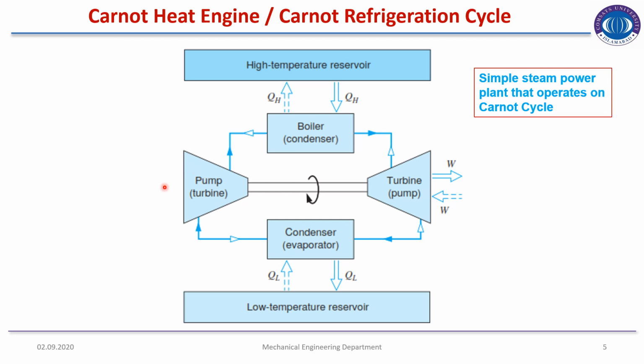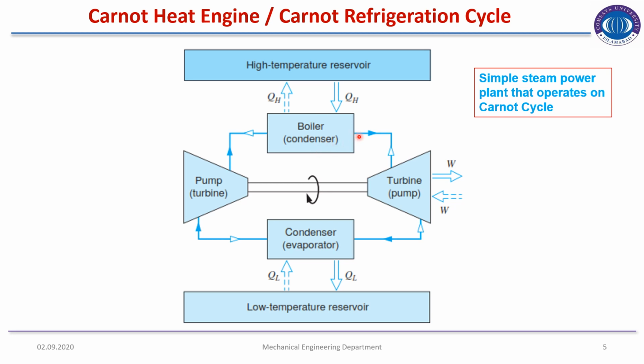First we will discuss the process happening in the clockwise manner. Water enters the pump, and the pump pushes the water into the boiler. Heat from the high thermal energy reservoir enters the boiler, heats the water and raises its energy and enthalpy level.